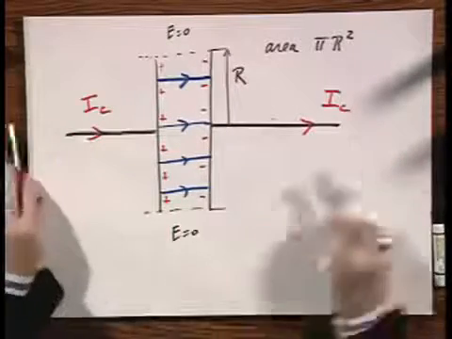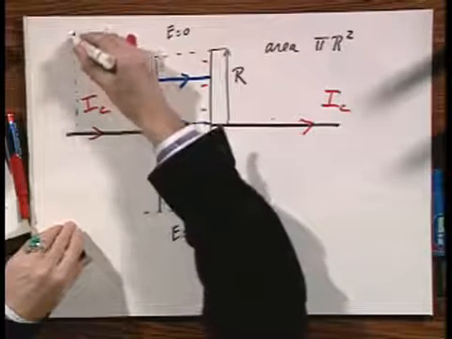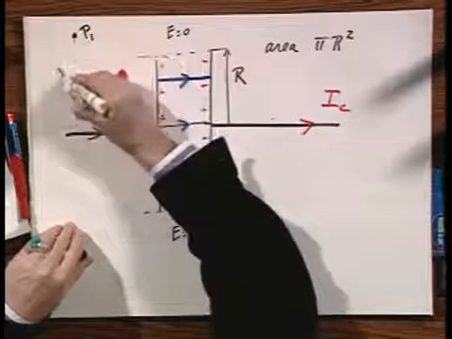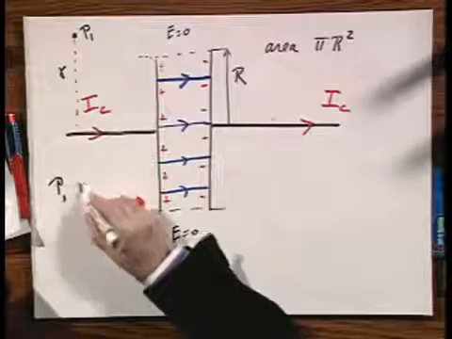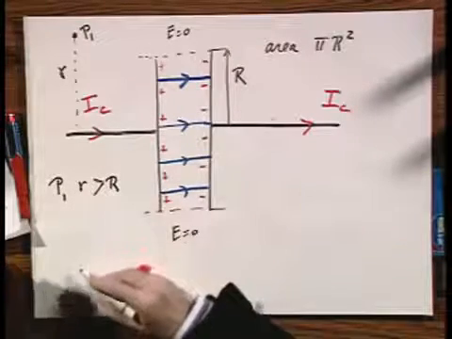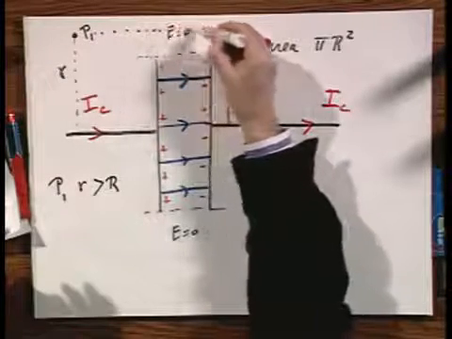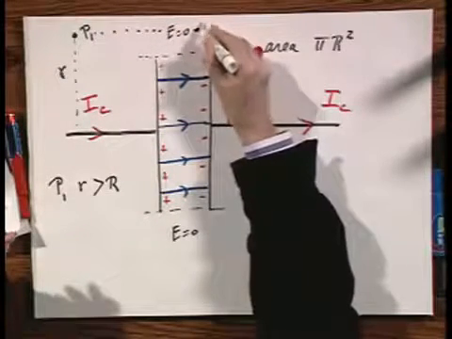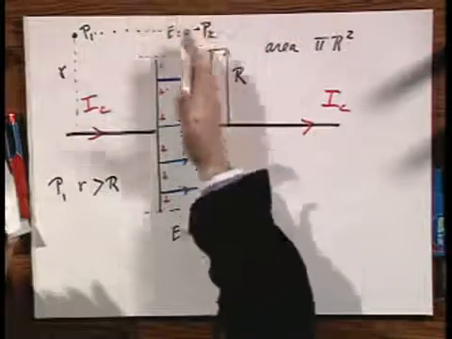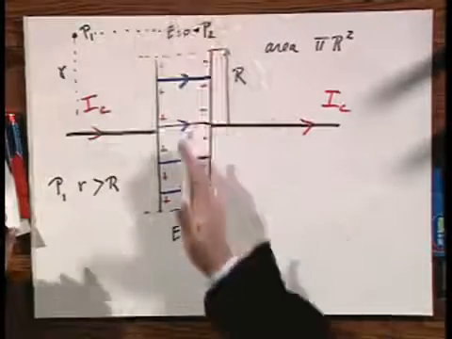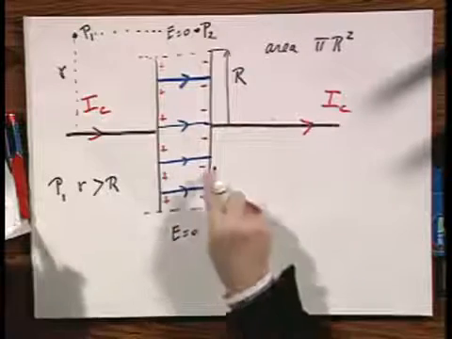Now I'm asking you 3 questions. What is the magnetic field at a point P1 at a distance r from the wire, whereby for P1 r is larger than R? And I want to know the same for a point P2, which is inside the capacitors, at least if I have a plane perpendicular to the wire, that plane would completely go through the capacitor, between the capacitor plates.